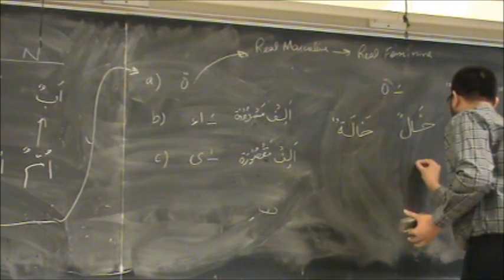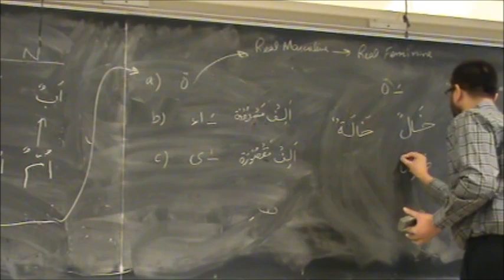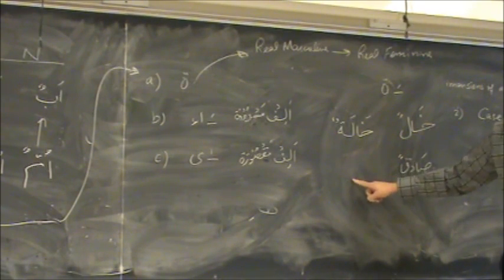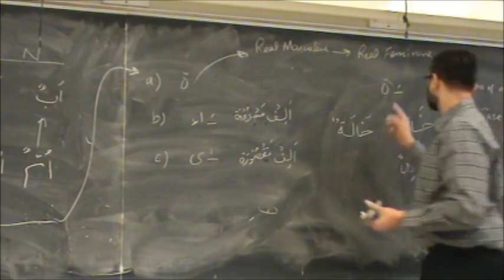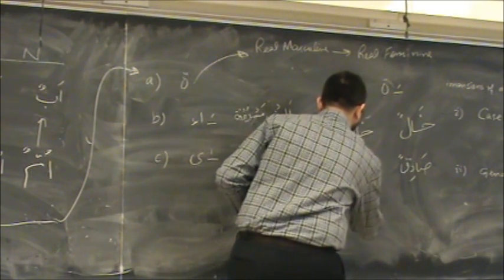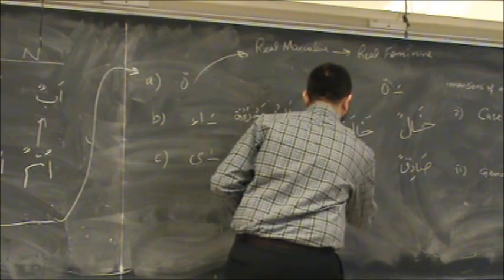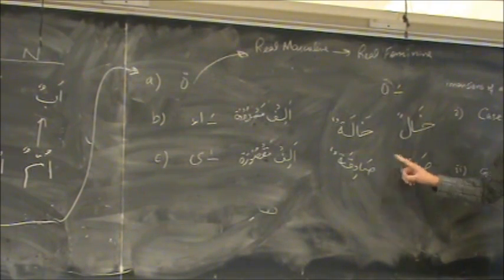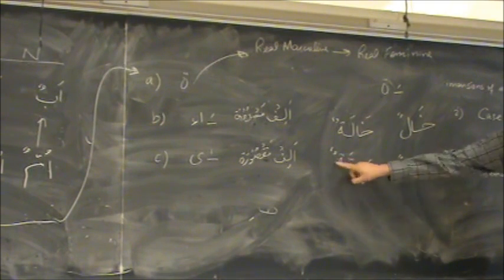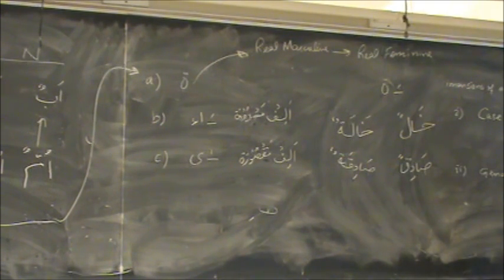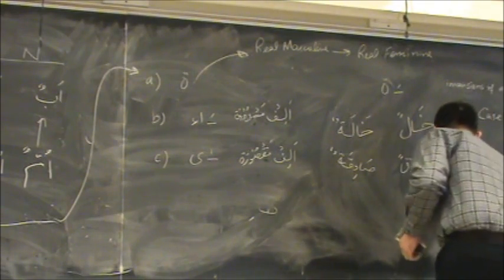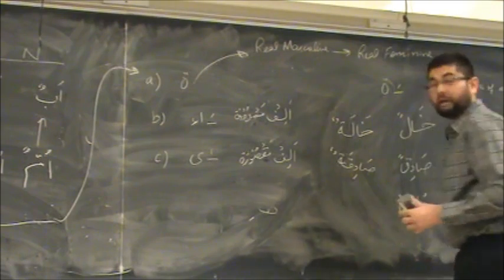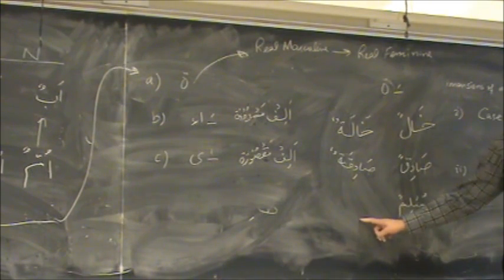If you have sadiqun, which means truthful man, you can make a truthful woman. How? Same. Sadiqatun, right. What did you do? Put a fatha on the last letter and appended a ta marbuta. So if you have Muslim, Muslim male, you could make a Muslim woman.